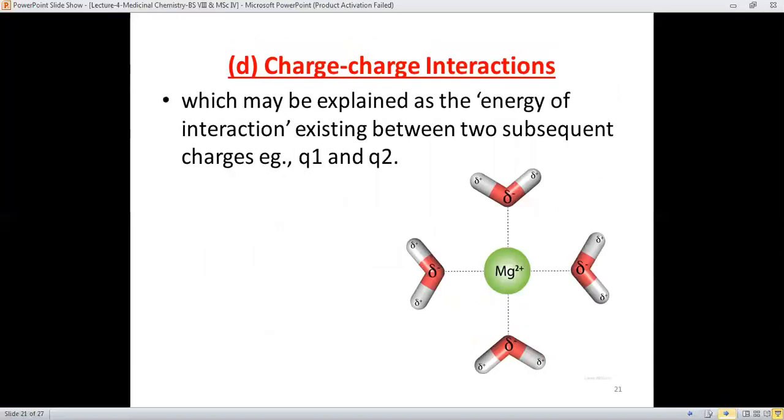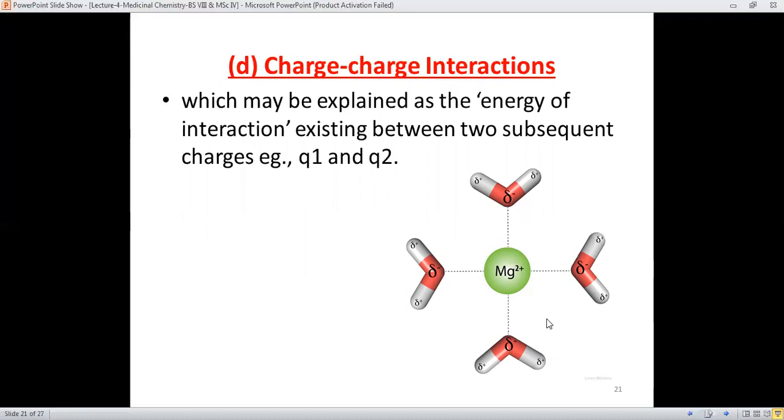Next is the charge-charge interaction. It must be between two charges, and these two charges can be Q1 and Q2. A simple example is shown here, like magnesium, which bears a positive charge, and a certain negative charge, and how it will develop a secondary type of interaction with it in order to be well bound with it.